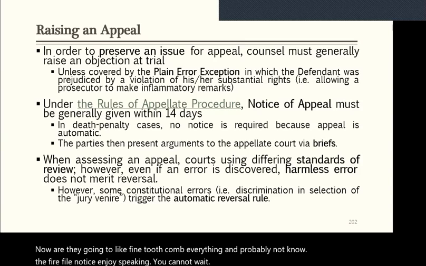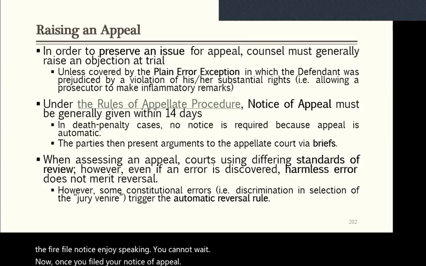Now, once you filed your notice of appeal, then the parties present arguments to the appellate court via briefs. Right?